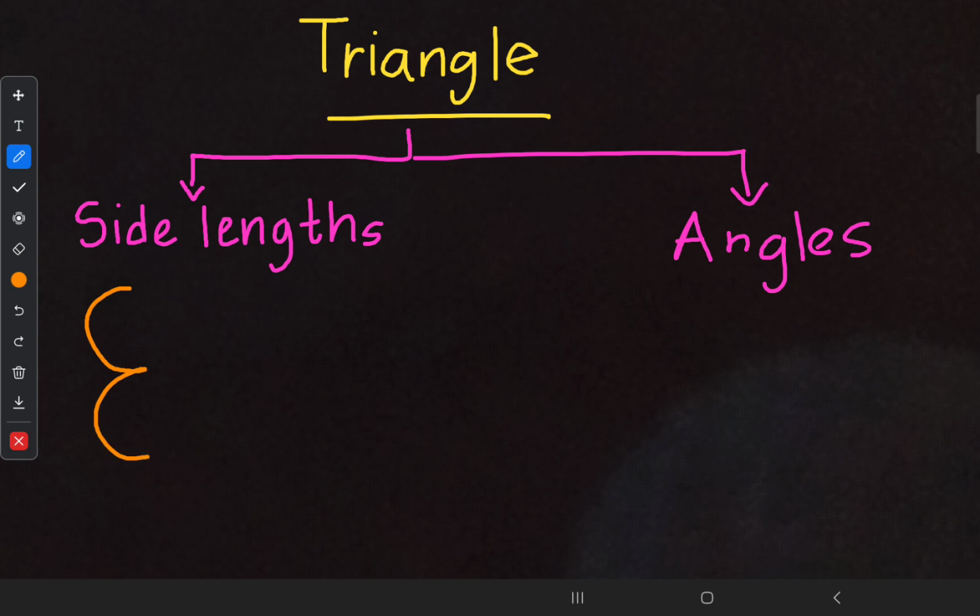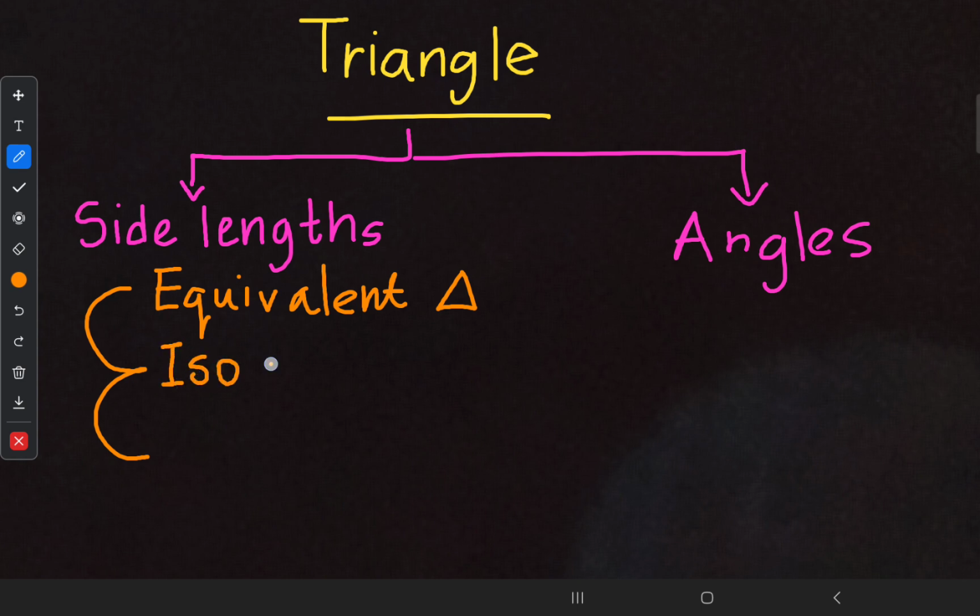By using side lengths, we can split this into three parts. First one, in a triangle if all sides are equal, that is called an equilateral triangle. Then if only two sides of a triangle are equal, that is called an isosceles triangle.